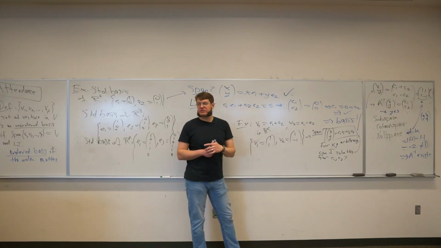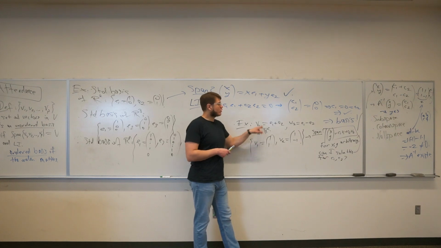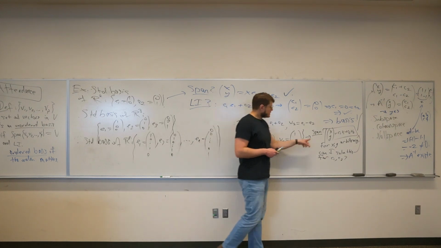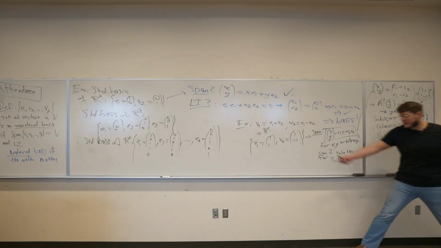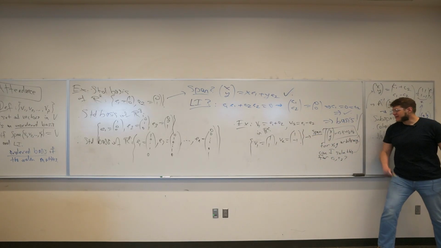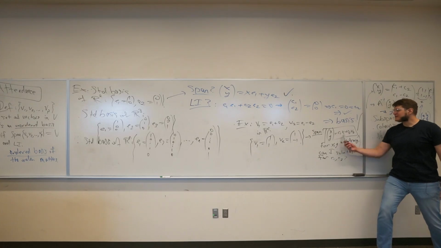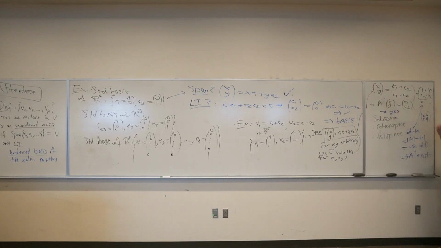Again, I need to verify 2 things to answer the question of whether or not this new set of vectors is a basis of R2. First, I need to figure out if they span everything in R2 again. This is my space in 2 dimensions. I take an arbitrary xy, and I'm trying to figure out if I can write it as a linear combo of the 2 vectors I chose. This argument so far says yes. So the spanning part is OK.